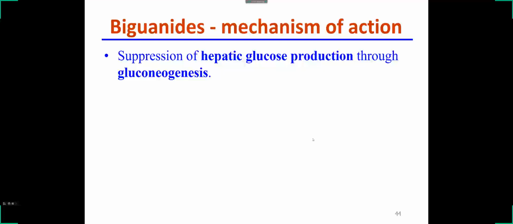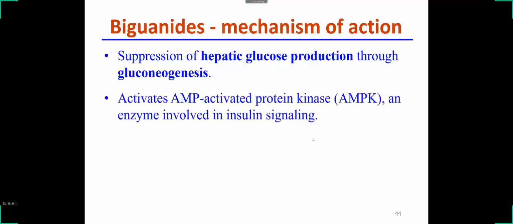They suppress hepatic glucose production through gluconeogenesis, and it's thought that one of their mechanisms of action is to bind and activate an AMP-activated protein kinase. This is an enzyme importantly involved in insulin signaling.